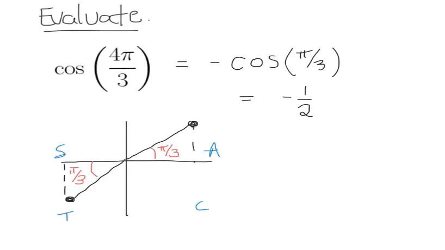And once again, we can use the CAST rule here to double check to make sure the sign of our final answer makes sense. Since 4 pi by 3 is here in quadrant 3, the tangent function is exclusively positive in this quadrant, which means that cosine is going to be negative in this particular quadrant, and that is reflected here in our final answer.